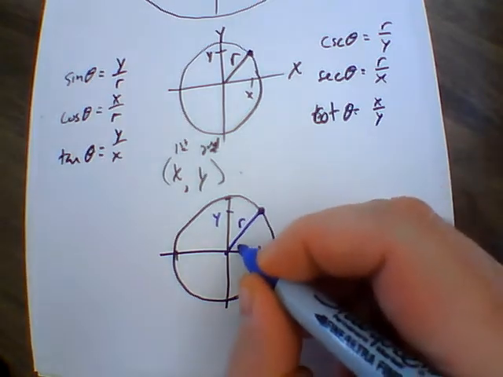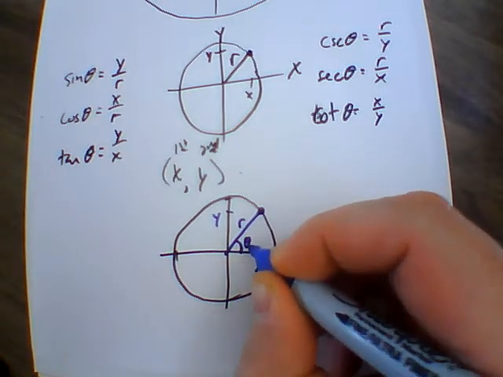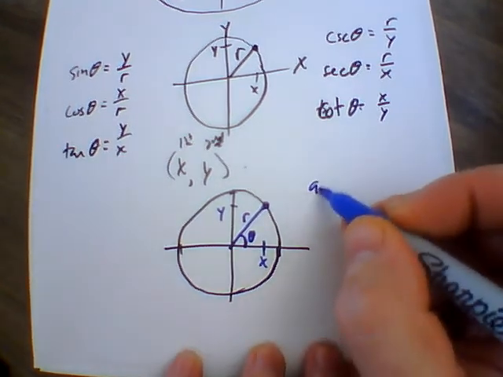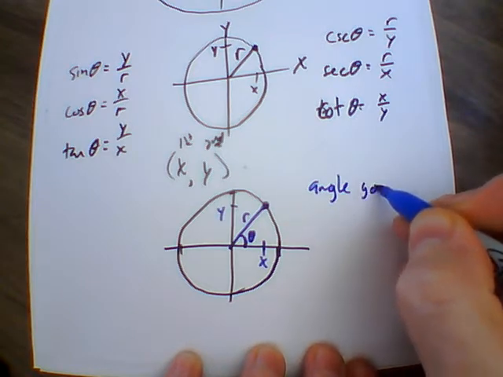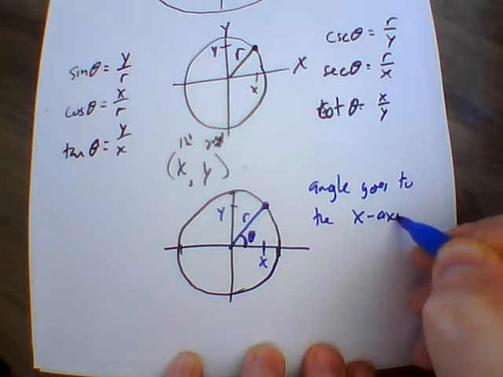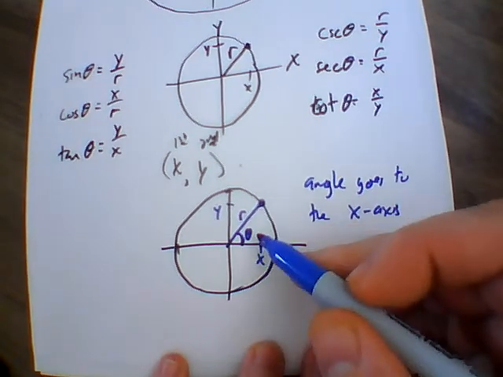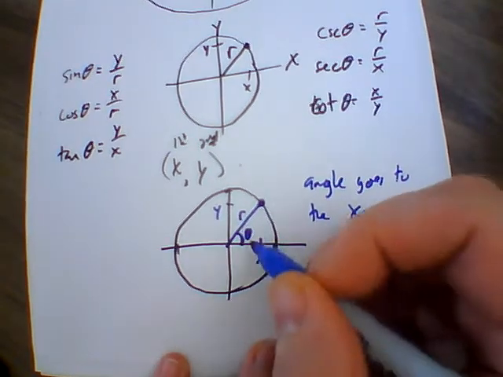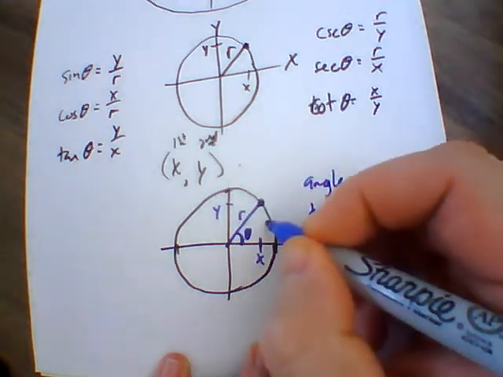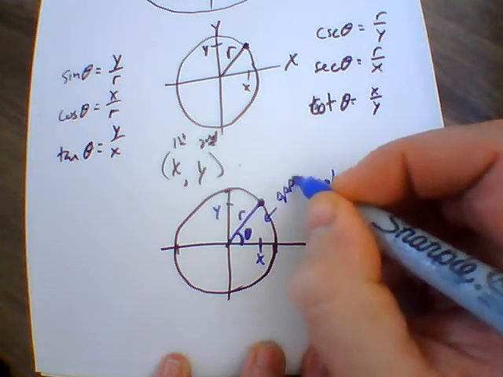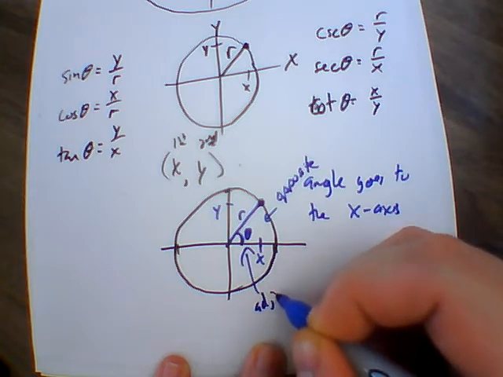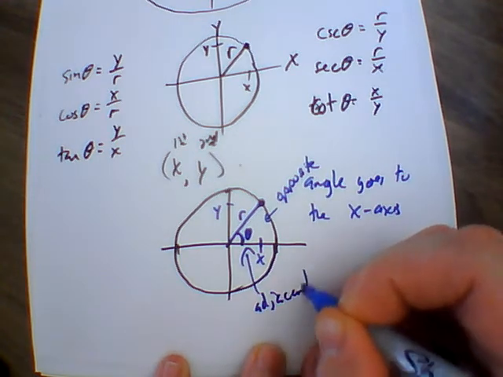What we start talking about is theta, our angle, going to the x axis. That way, when we're referencing in here, we see that our y is our opposite and our x is our adjacent.